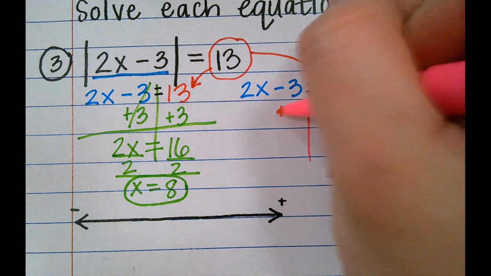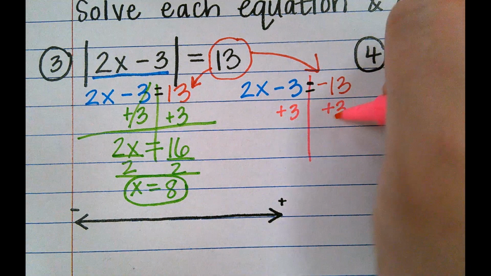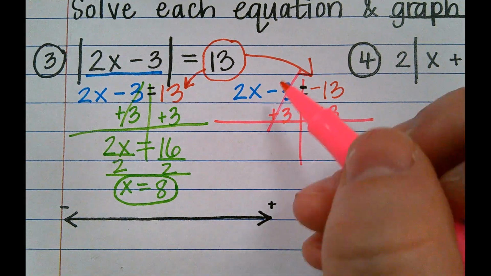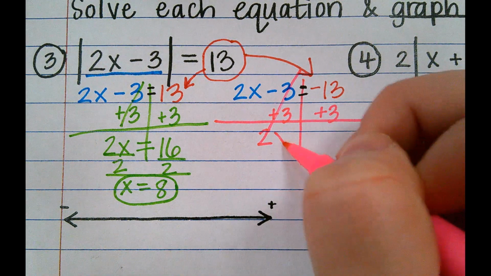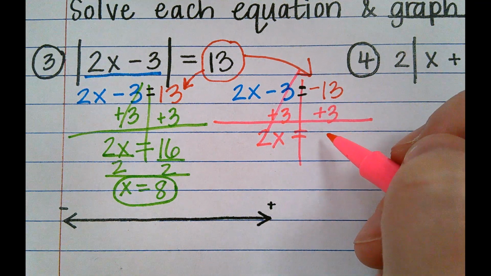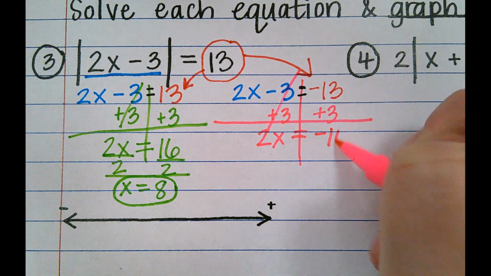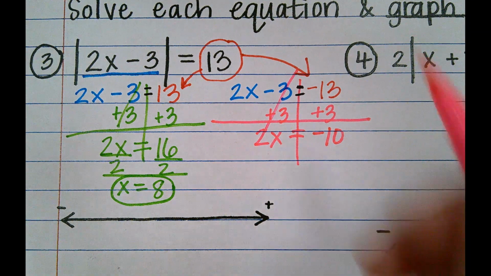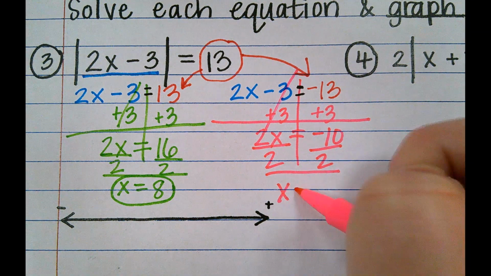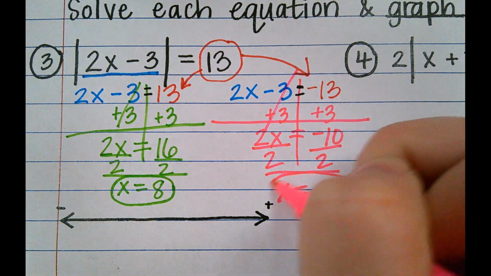Again, add 3. Same first step. And I'll bring down 2x equals what? Negative 10. Good. Divide by 2. x equals negative 5.